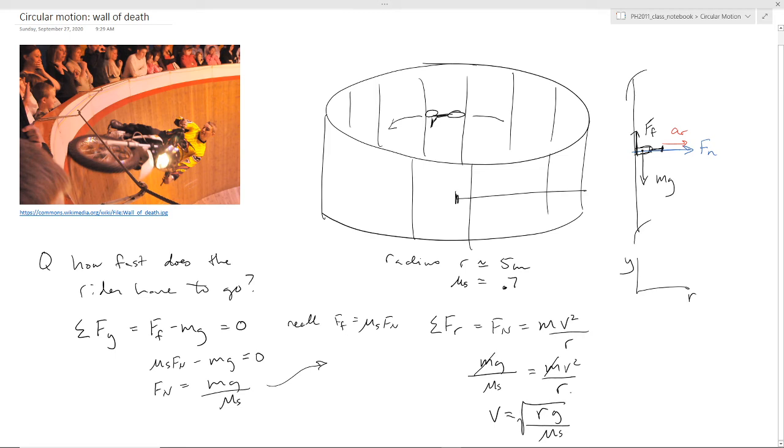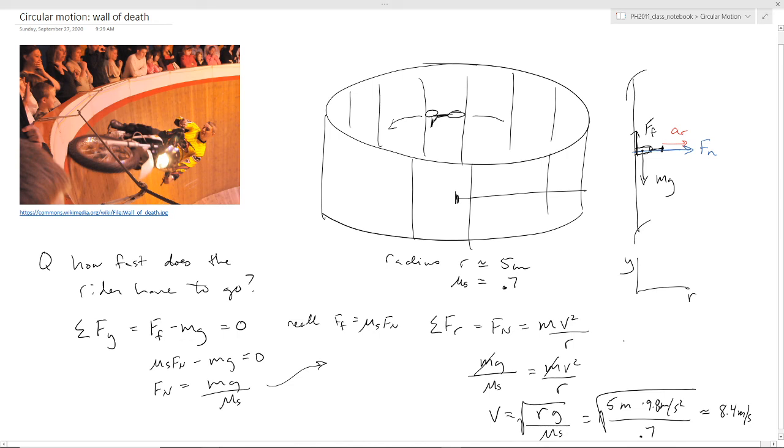And we can put in our numbers here. This will be 5 meters times 9.8 meters per second squared over about 0.7. Take a square root. We find that this is about 8.4 meters per second. So this is telling you how fast the rider would have to go to keep from sliding down the wall.